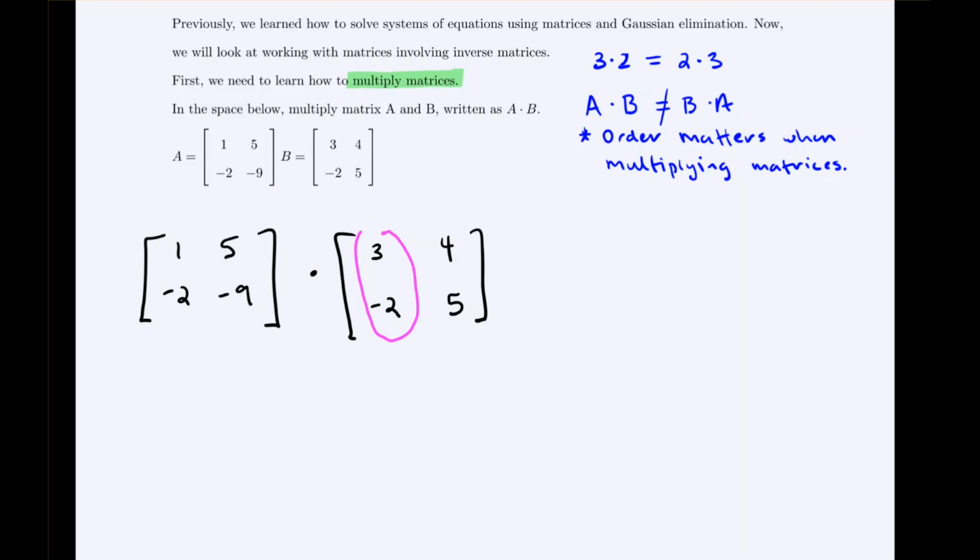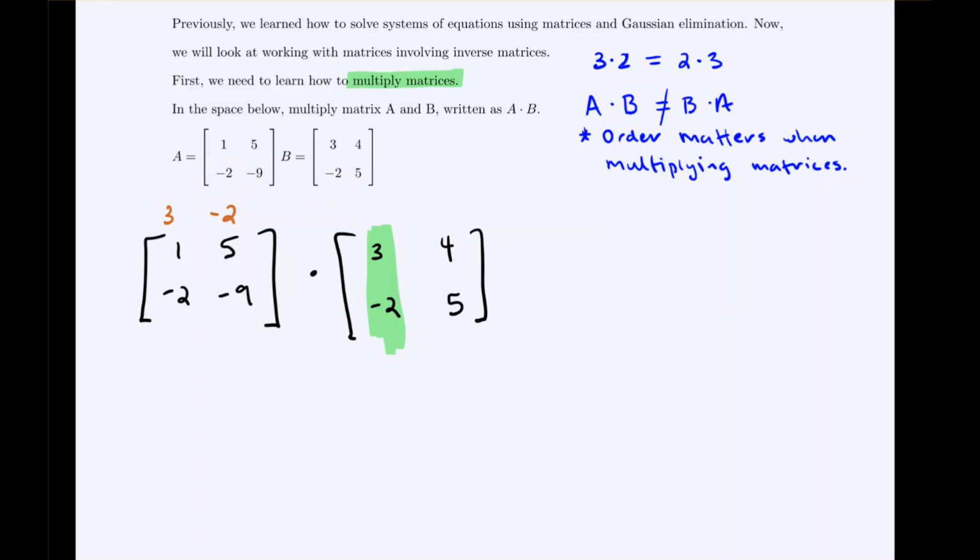So visualize this: we're going to imagine grabbing this column and lifting and turning it to where it's sitting right above the first row. So I would visualize here in my mind a 3 and a -2. It's like we lift it and then turn it 90 degrees and it lines up here. So 3 goes here, -2 goes to the second row.